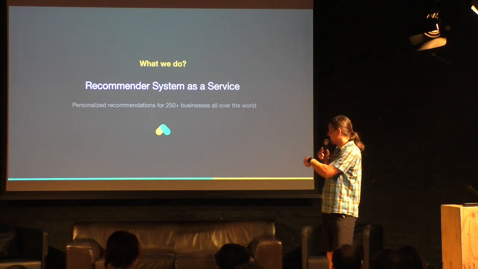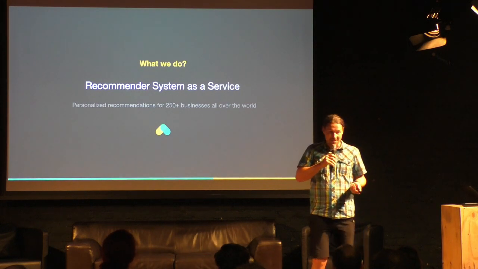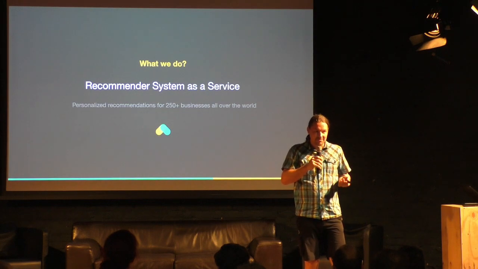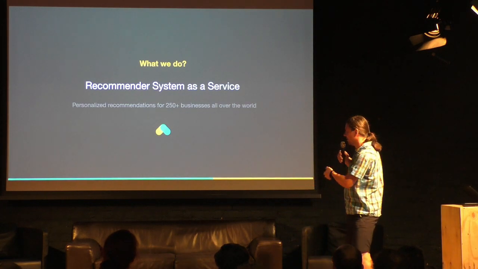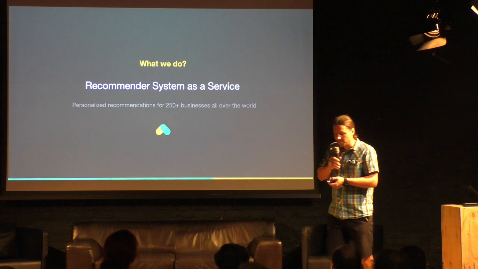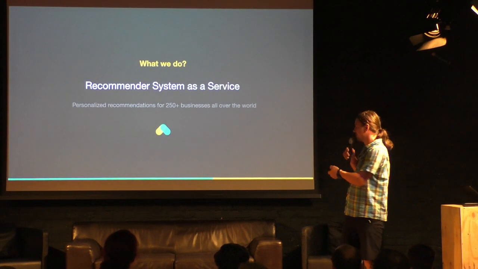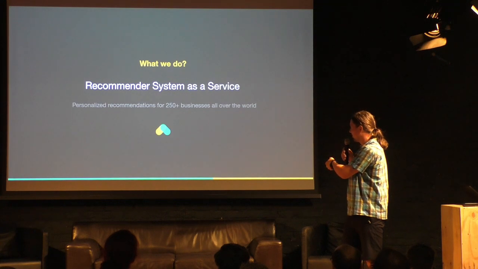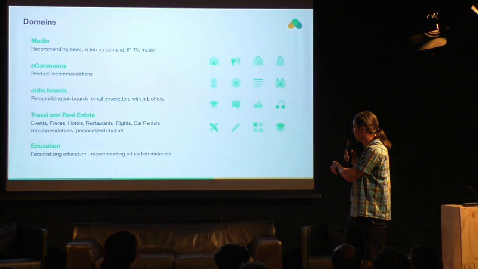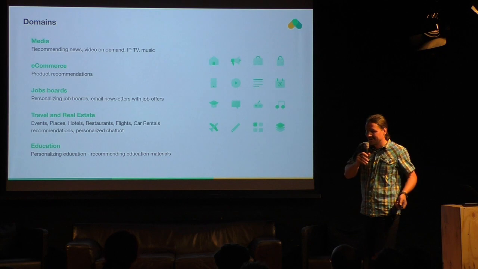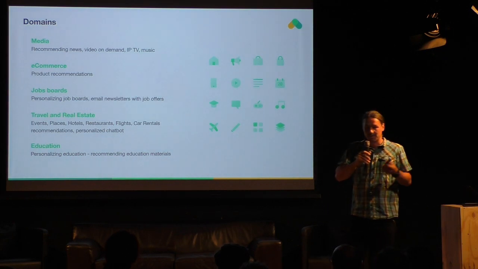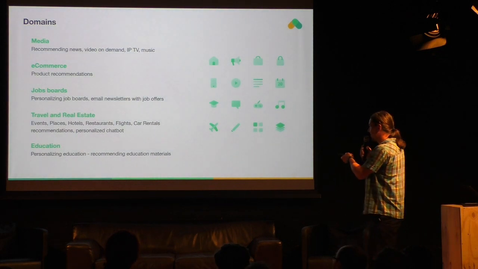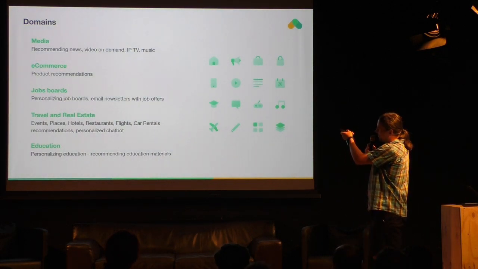And today I'll talk about the algorithms we are using in Recombee, and I would like to give you a brief overview of different types of methods that are used in the system. We have quite a lot of different businesses in different domains, so our solution is quite universal, and as you see, you can recommend everything.